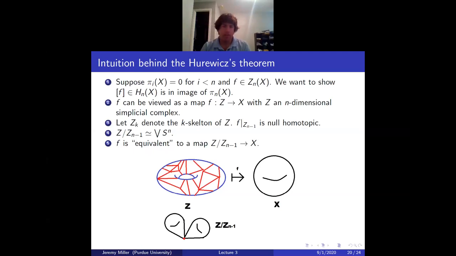So my cartoon sketch, your canonical picture of something that's not in the image of Hurewicz, is going to be like H2 of a torus. This is not a proof, but if you just think about it, how are you going to map a sphere into a torus that wraps the sphere all the way around the torus?